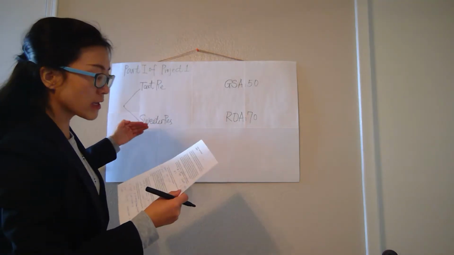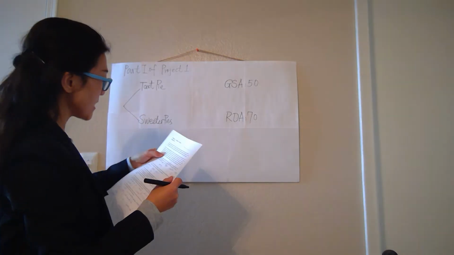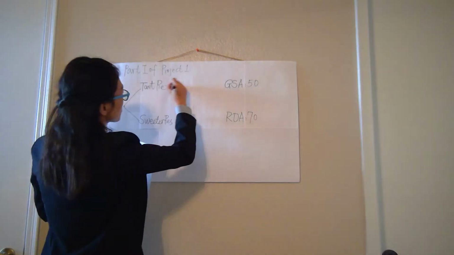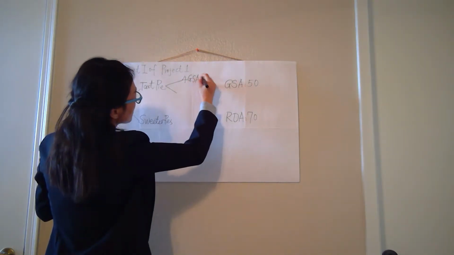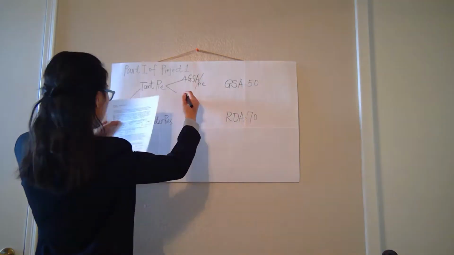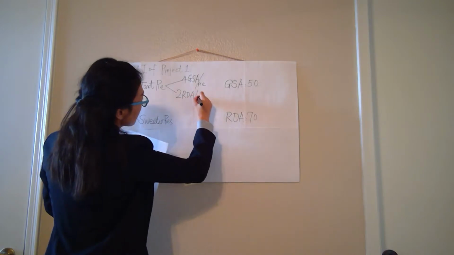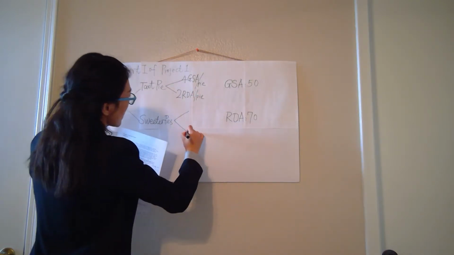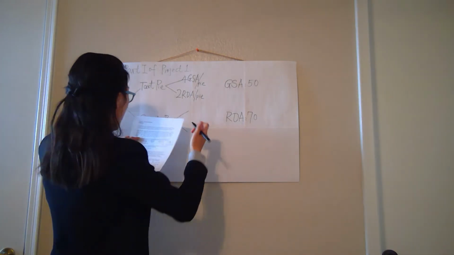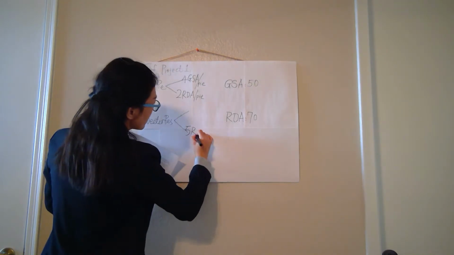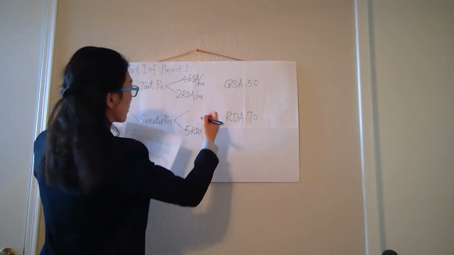Let's continue reading the problem. Each of the tart pies takes 4 Granny Smith apples per pie, and 2 Red Delicious apples per pie. Same thing, let's look at the sweeter pies. Each sweeter pie takes 5 Red Delicious apples and 1 Granny Smith apple.